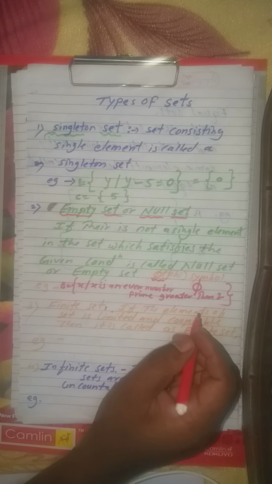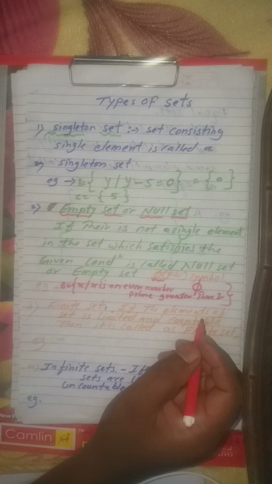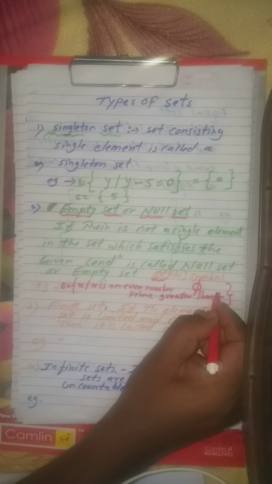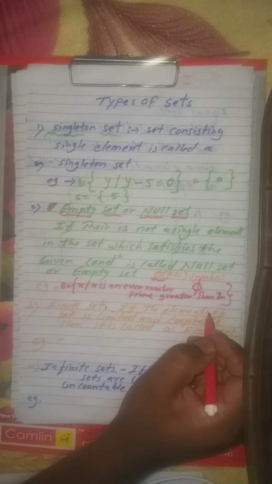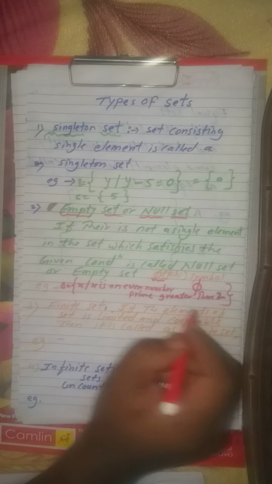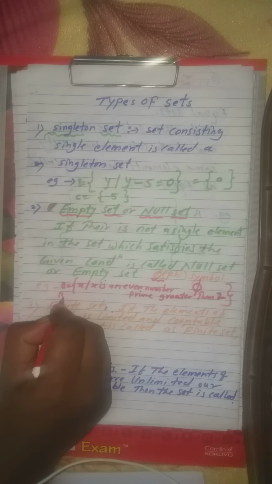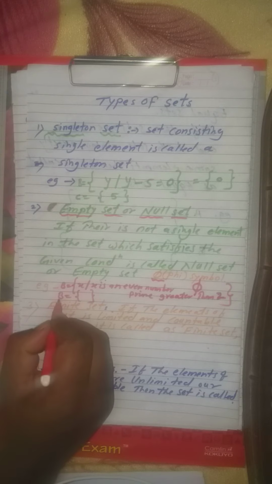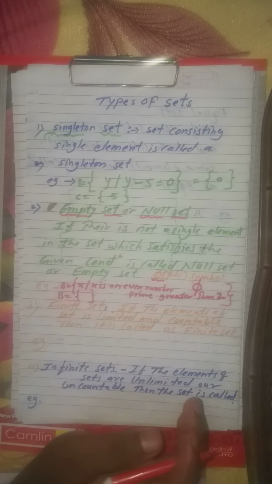This line indicates "such that". There is no possibility of satisfying the given condition. Dear students, yesterday I also explained that the only even prime number is 2. There is no other even prime number in the natural numbers. So this type of set can be written in the empty manner: B is equal to the empty set, {}.